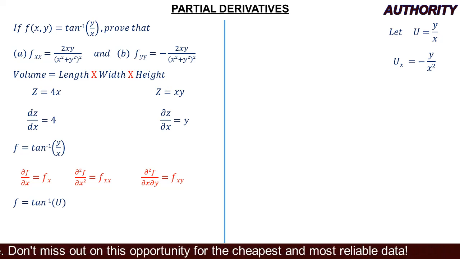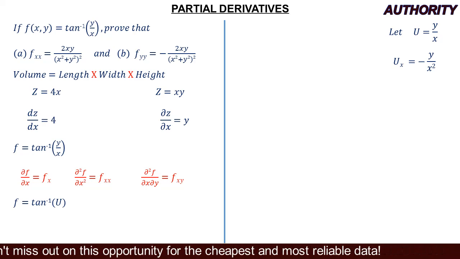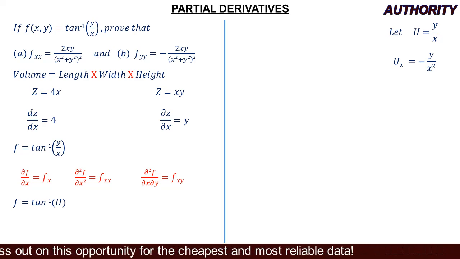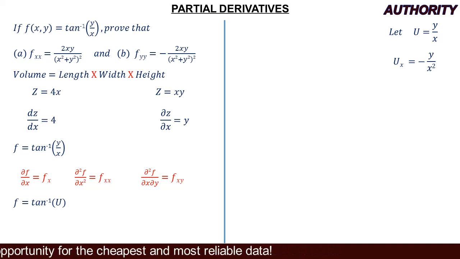Good. So at this point, f is now a function of u, no longer a function of x and y, but a function of u. So what do we do now? We differentiate this function f partially with respect to u.